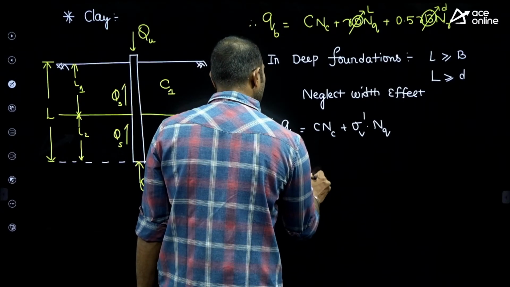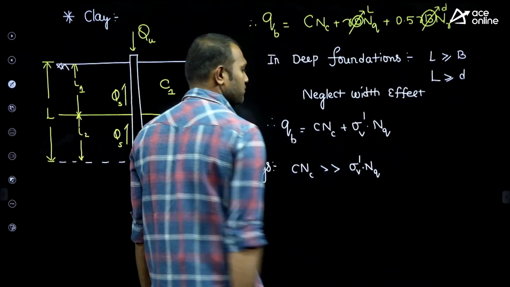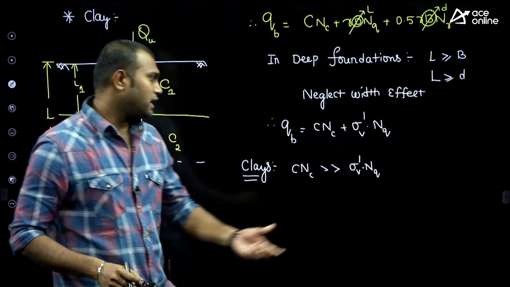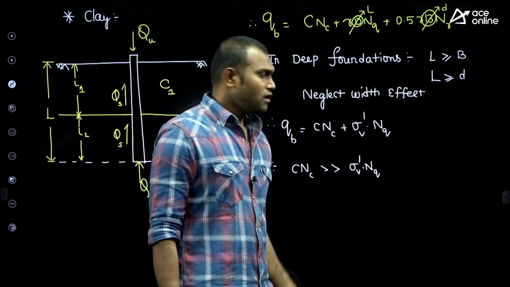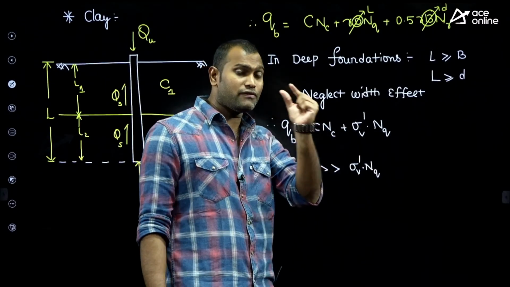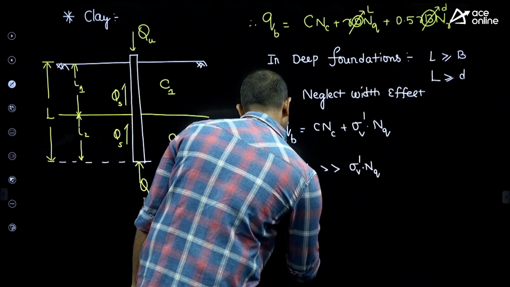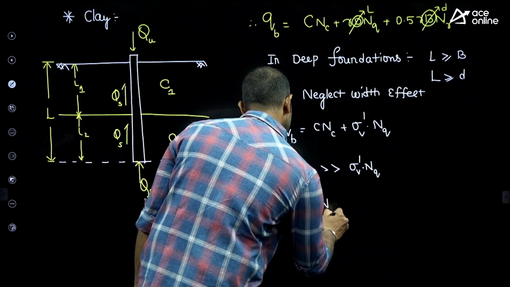In clays, the CNC is much greater than the sigma V dash into NQ, because in the case of clays the NQ value is very less and the NC value is more. In clays, the ultimate bearing capacity is simply CNC.